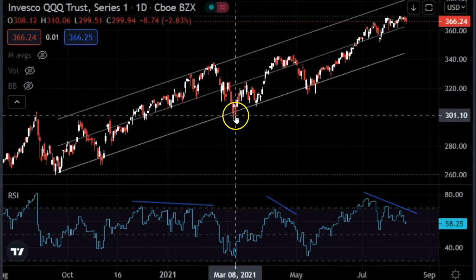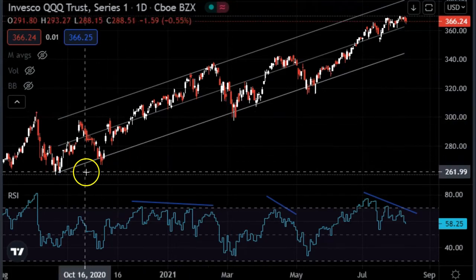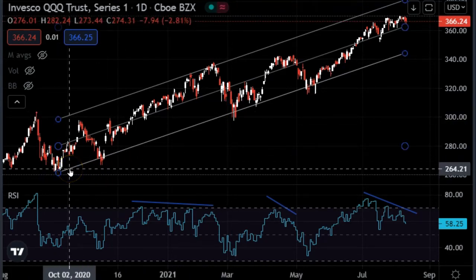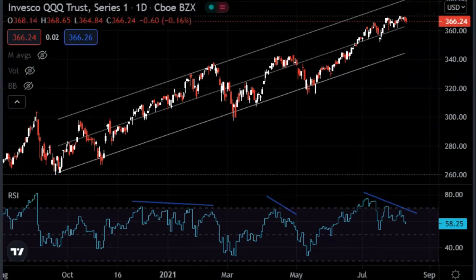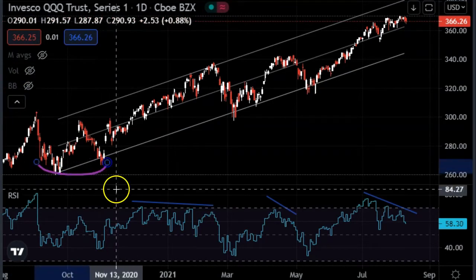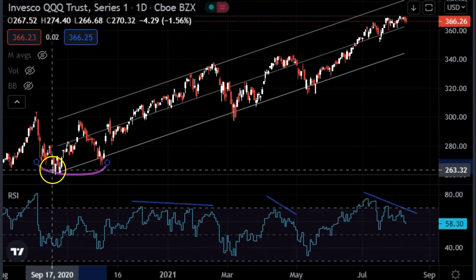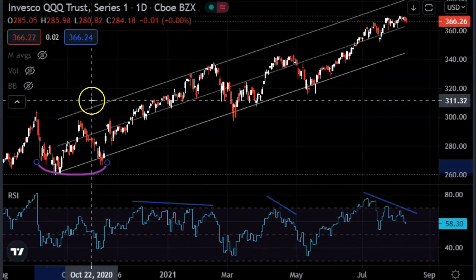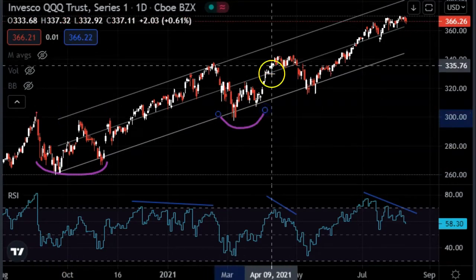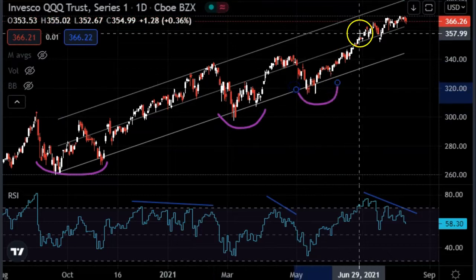And if I were a buyer, the bottom of this channel is where I would want to buy. And what we notice is it's at the bottom of the channel, and then it rises, bottom of the channel, and then rises, bottom of the channel, and then rises.